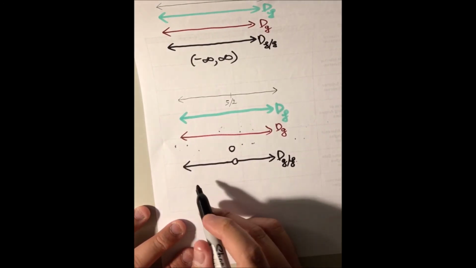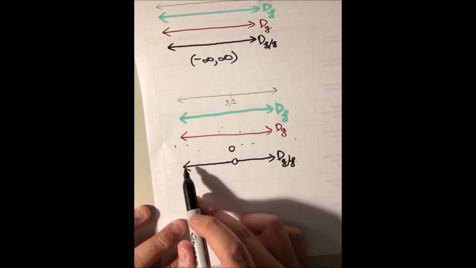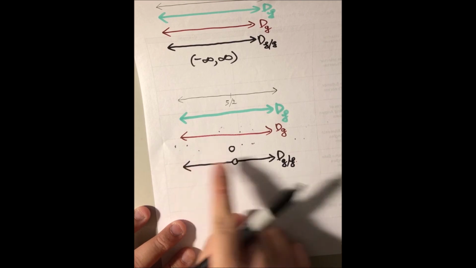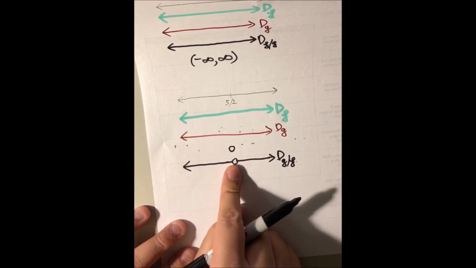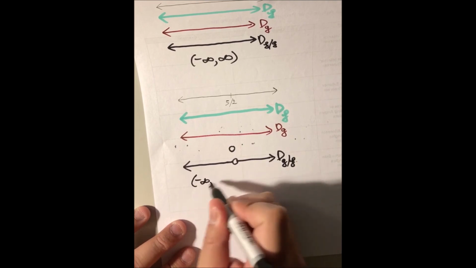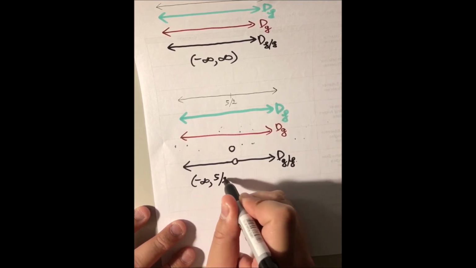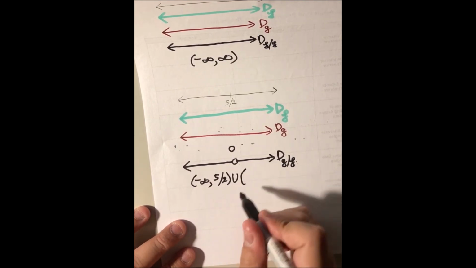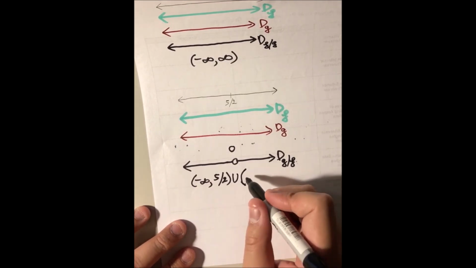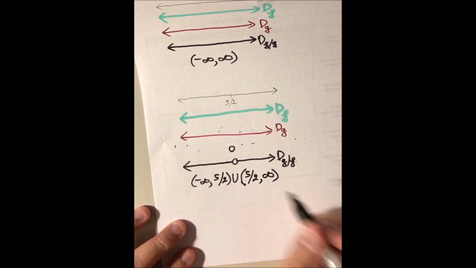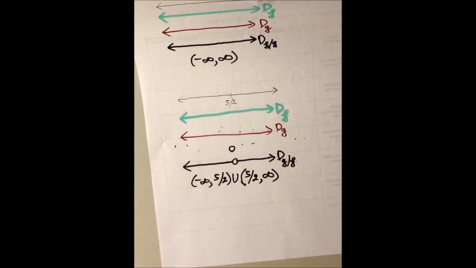Now the interval notation can be completed in the same fashion that we did earlier. Go from left to right, from negative infinity up to 5/2, but not including 5/2. Put the union symbol in to go to the next part, from 5/2, but not including 5/2, all the way to positive infinity. And that completes the problem.